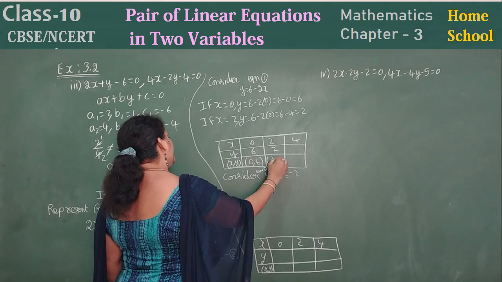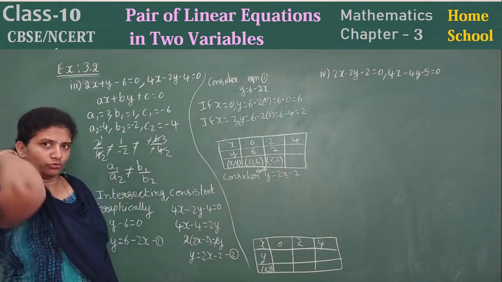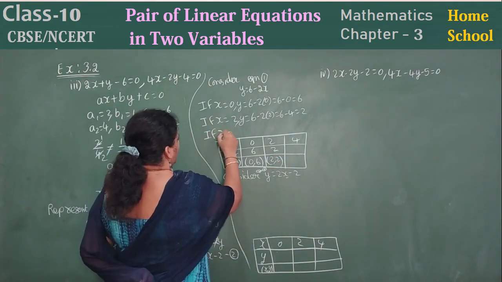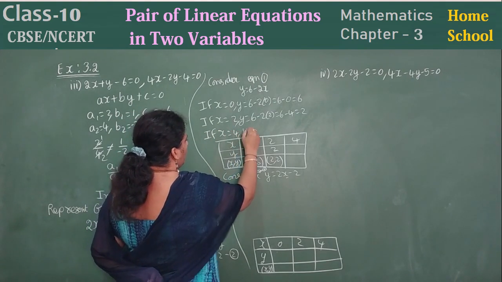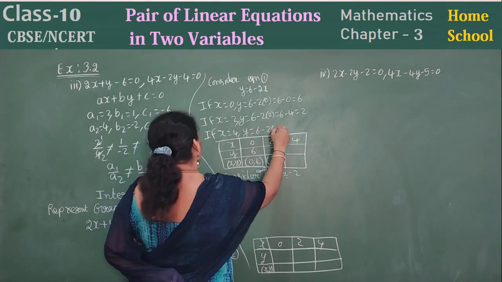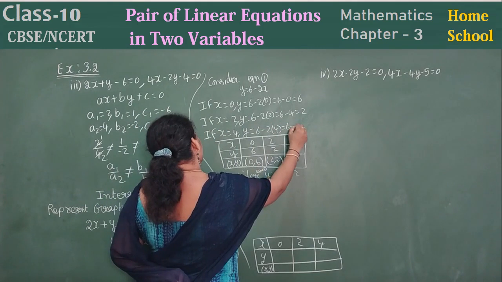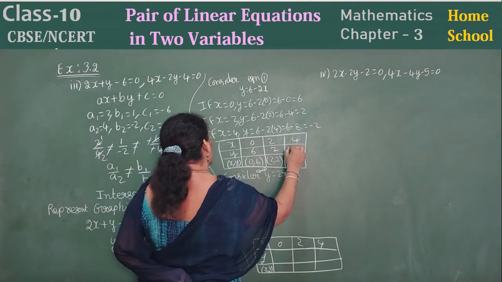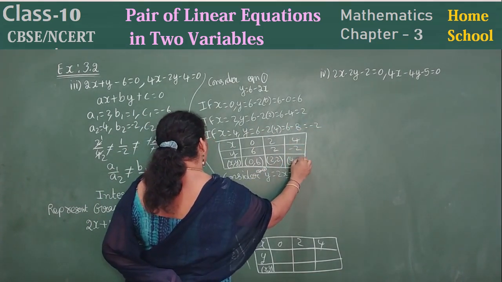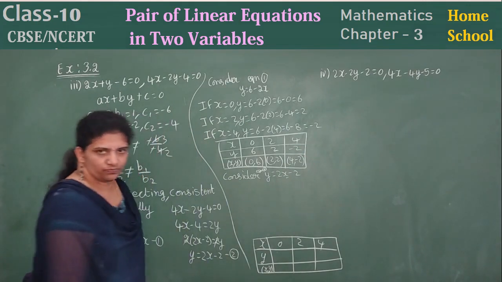Your coordinate will be 2, 2, right? If x equal to 4, y is equal to 6 minus 2 into 4, that will be 6 minus 8 equal to minus 2. Your coordinate will be 4 comma minus 2.